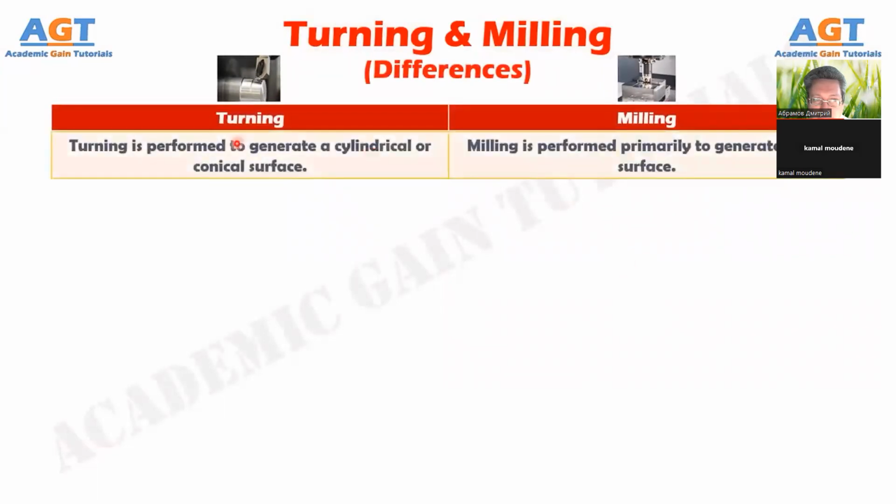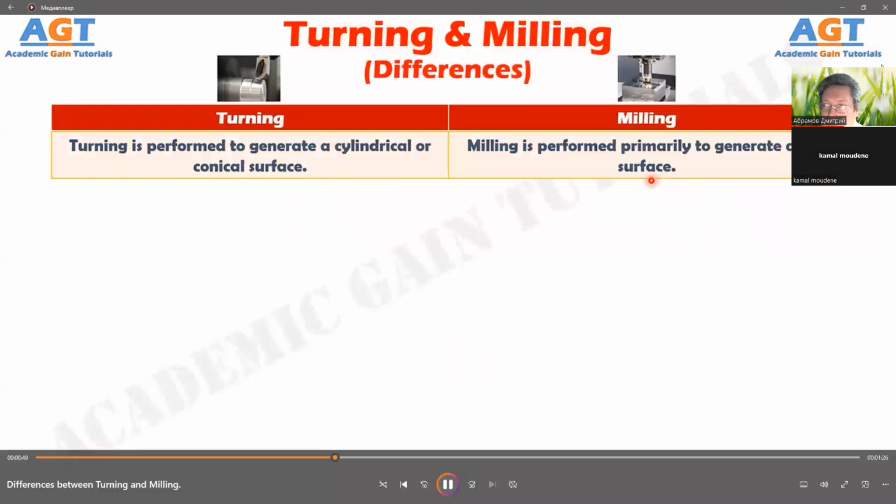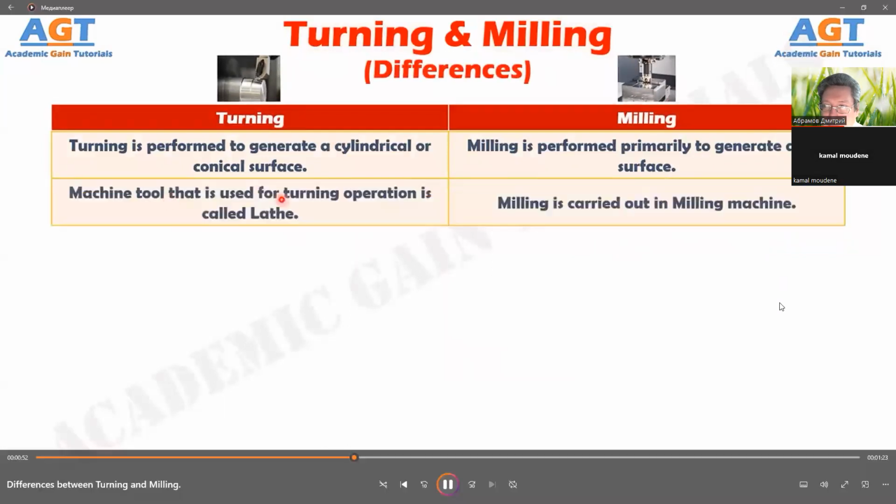Difference number 1. Turning is performed to generate a cylindrical or conical surface, whereas milling is performed primarily to generate a flat surface. Number 2. Machine tool that is used for turning operation is called lathe, whereas milling is carried out in milling machine. Number 3.